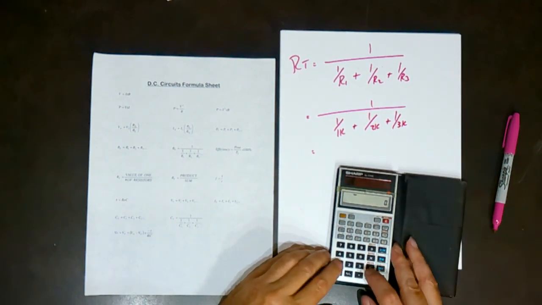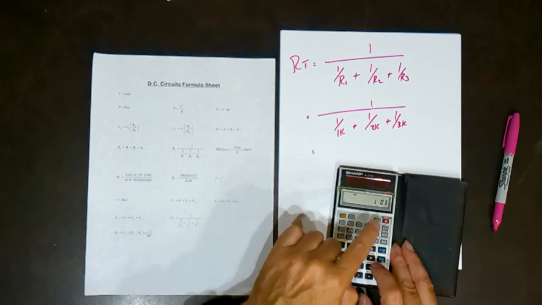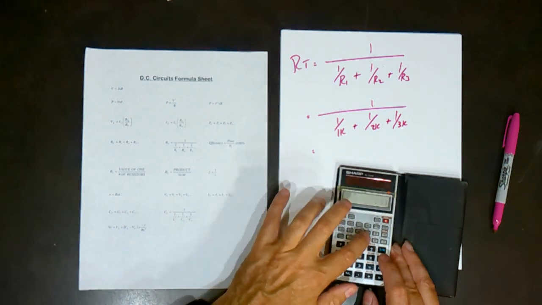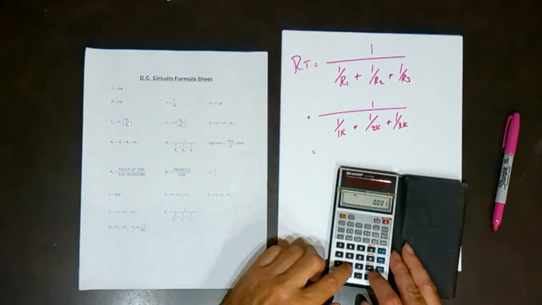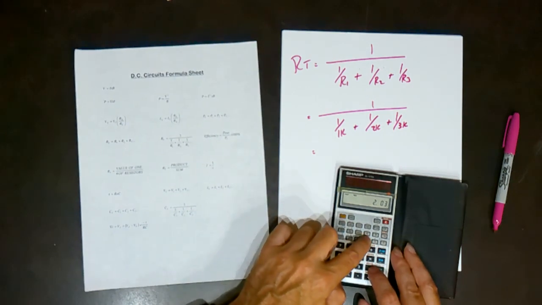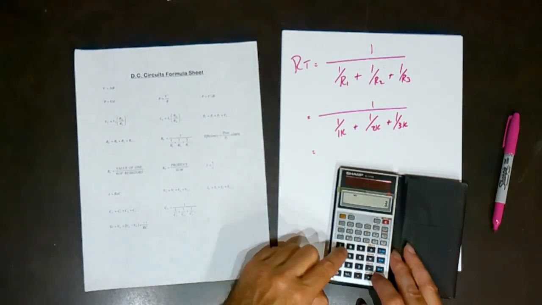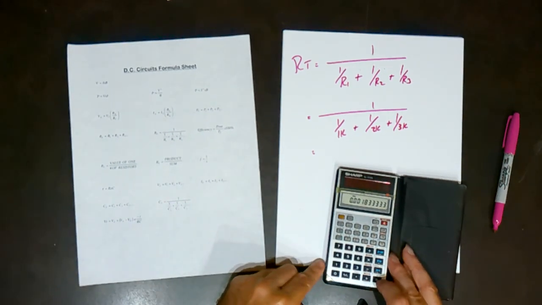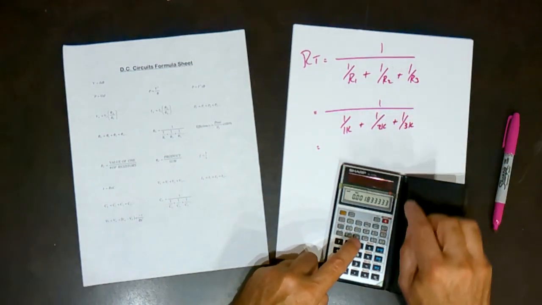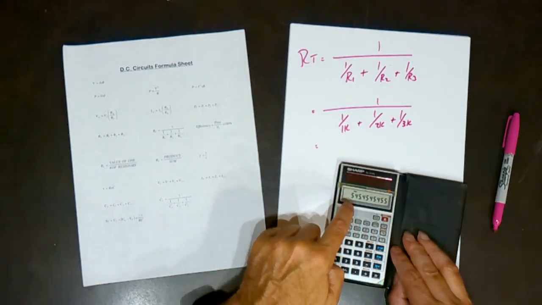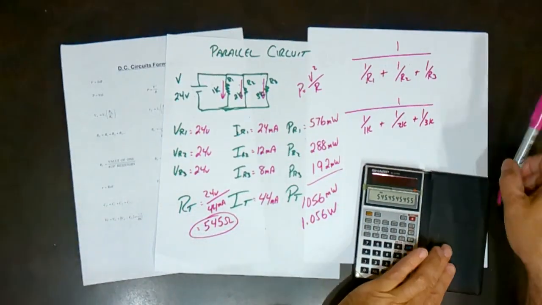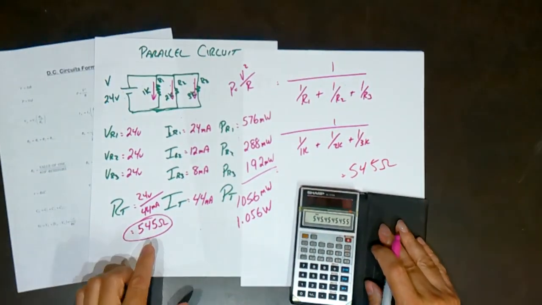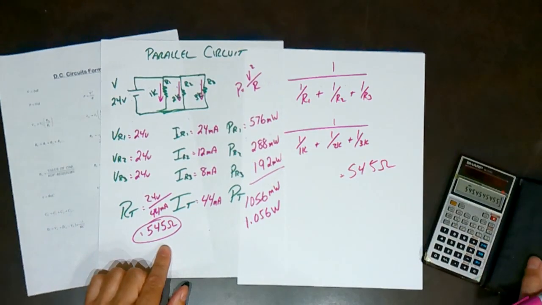My calculator is 1 exponent 3, so that's the 1K part. 1 over, plus 2K, 1 over, plus 3K, 1 over, equals, and then I have to do the final 1 over, 545. So 545 ohms matches 545 ohms.